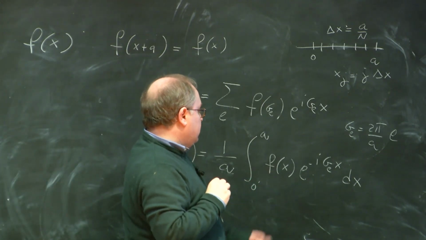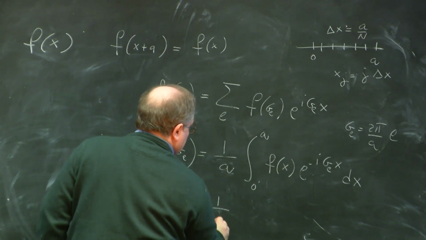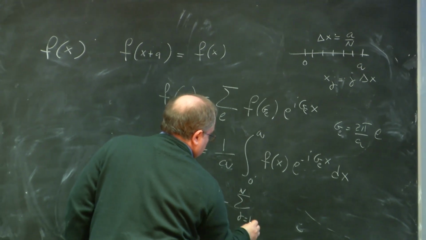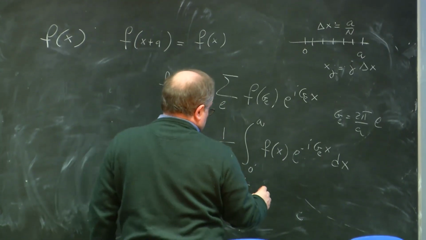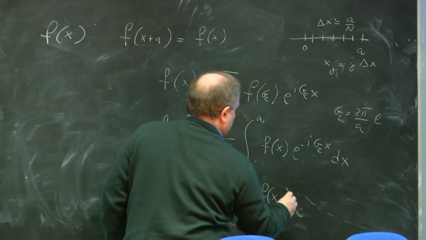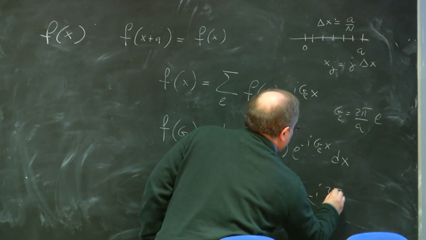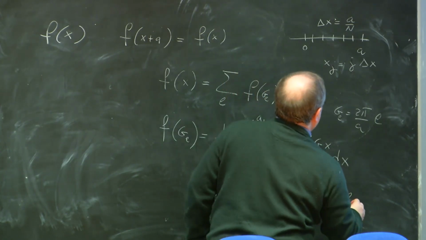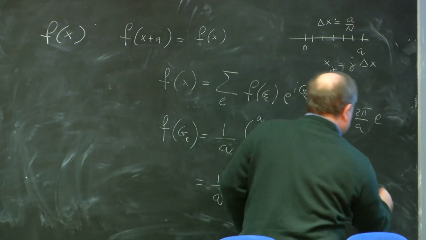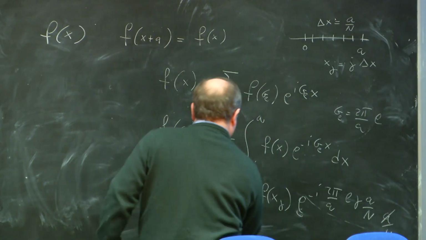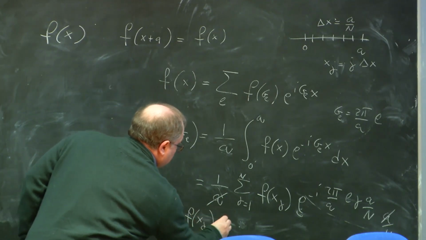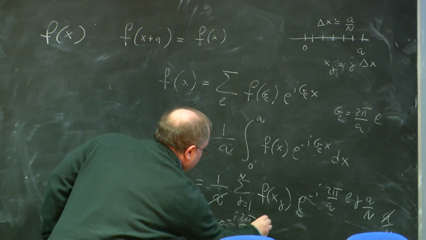Then this integral, that is the Fourier transform, is discretized as 1 divided by a, sum over j from 1 to N, of f of x_j e to the minus i G_L x, where G_L is 2 pi over a L, and x is j delta x, so a divided by N. And then we have to put delta x, that is a divided by N. So we obtain 1 over N, sum over j, f of x_j, e to the minus i 2 pi over N L j.